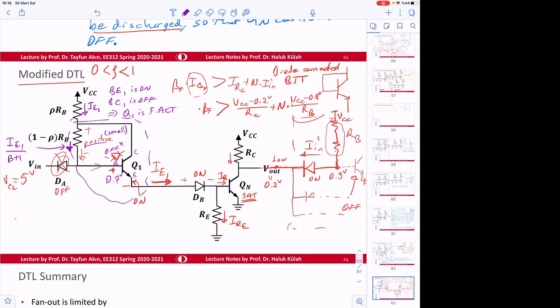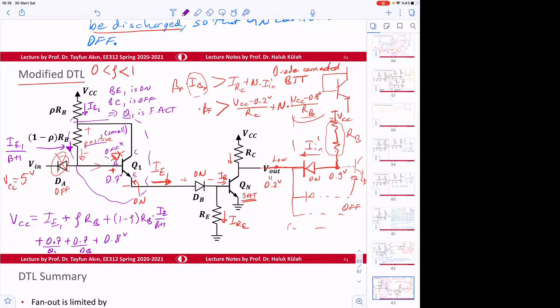From here, IE1 can be calculated very easily because VCC is going to be equal to IE1 times RB plus RB times IE1 divided by beta plus 1, which can be neglected, plus 0.7 volts from Q1, plus 0.7 volt from dB, plus 0.8 volts.